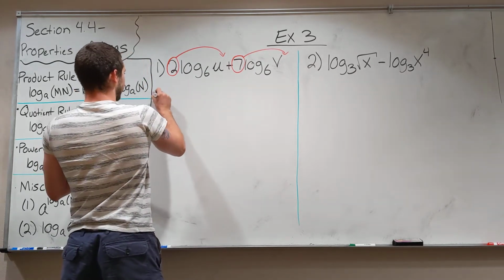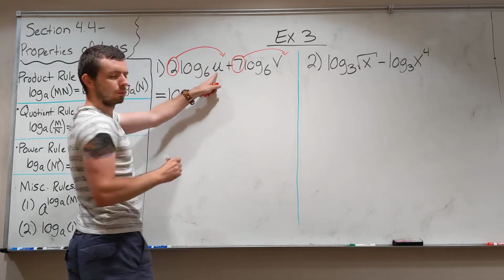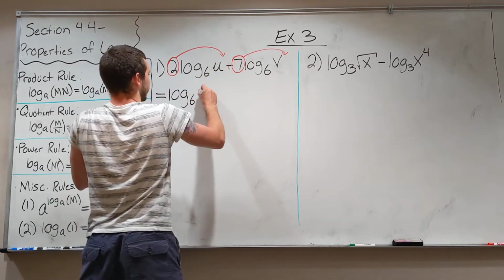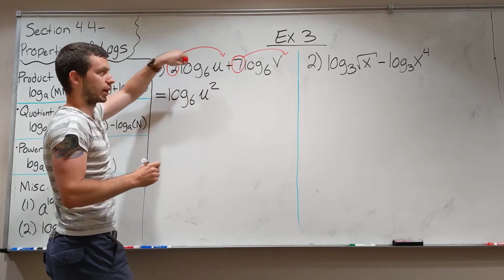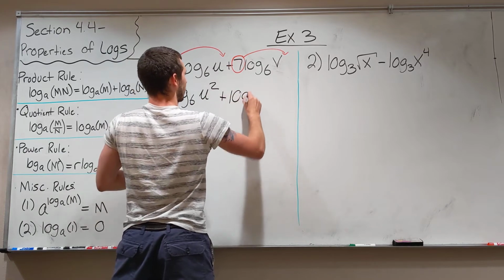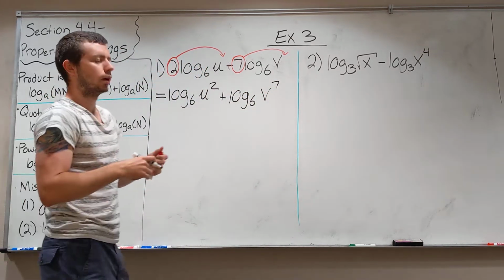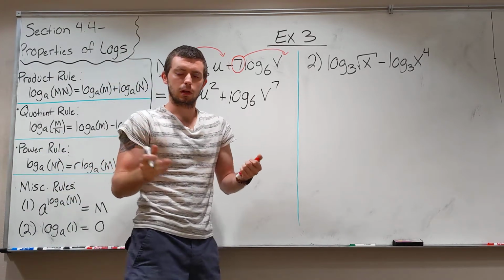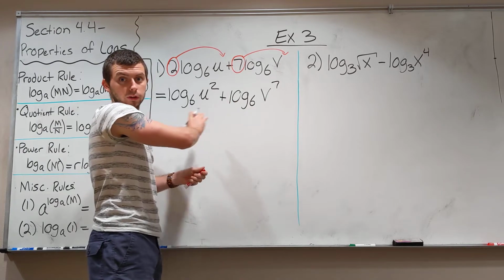And so what we get is log base 6 of u squared, because we are moving the 2 as the exponent, plus, and we just moved the 7 here, log base 6 of v to the 7. The only reason we did this is so we can get the logarithms by themselves with no numbers in front.